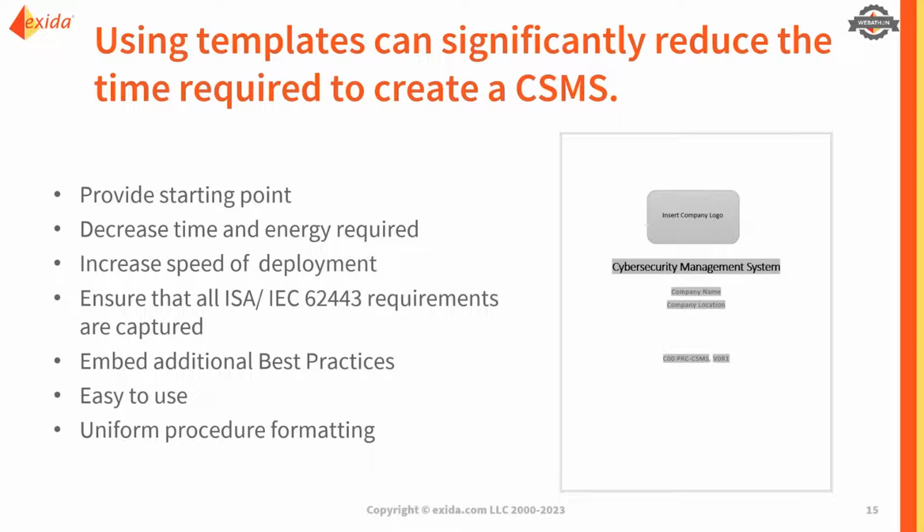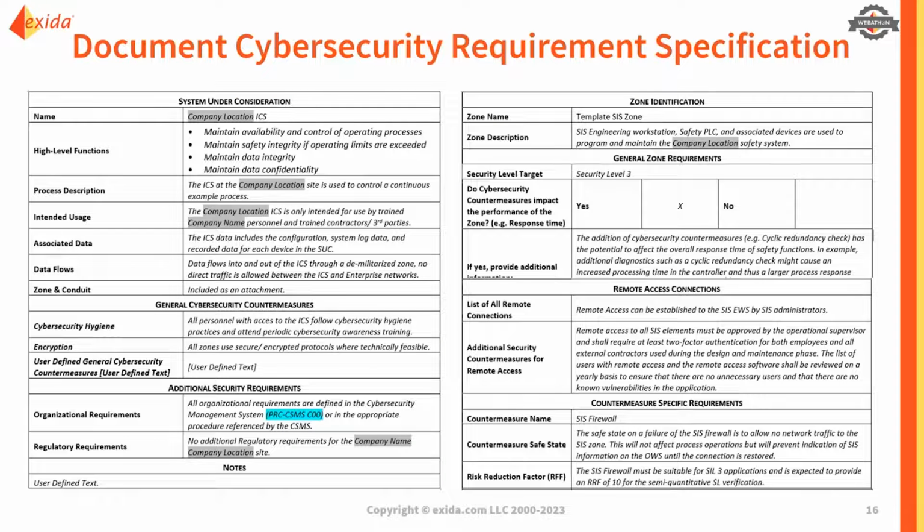And one template that I want to just take a quick look at is the cybersecurity requirement specification. And when we talk about embedding cybersecurity requirements into your project lifecycle or building that in as part of your system specification, using a document like this where the security level requirements or the targets that need to be met, the specific description and understanding of the system and how it should be designed and how it should be implemented, having this all in one document can be very helpful.